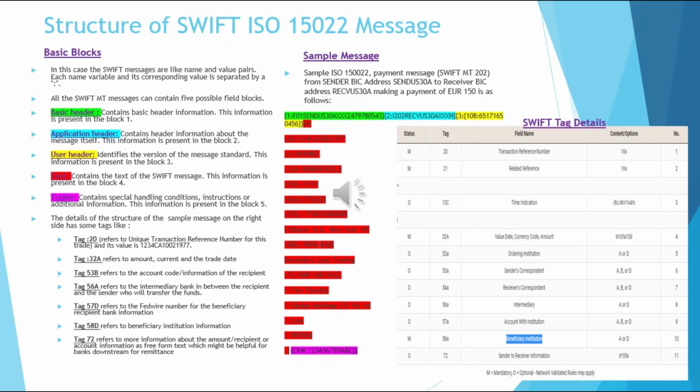Tag 53B represents account code information. 56A represents intermediary bank details. 57A refers to the Fed wire number of the beneficiary recipient bank. 58D refers to the institution information, and tag 70 contains free form information about the sender or the receiver.